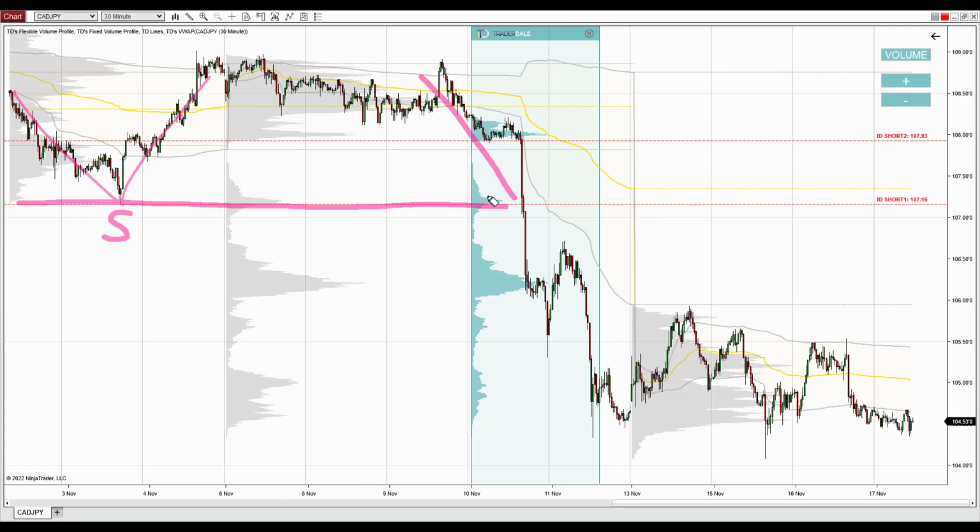And as those sellers were pushing, they were adding more and more short positions in here. And this is what's important. We know that sellers were active in here, pushing the price through the support and adding to their shorts here, right? To push through that support. So we know that this zone is important for the sellers, and they are most likely to defend it in the future.